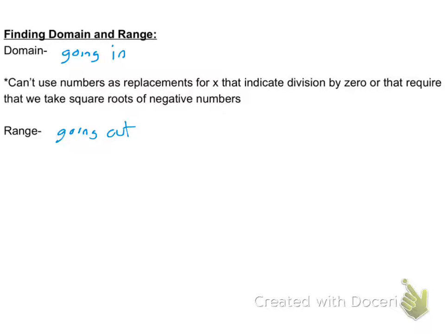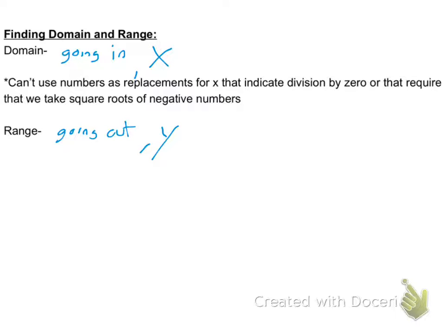Yes? Now, there's something that we have to realize when finding the domain and range. You can't use certain numbers for x. Usually x is our domain, so if you want, put x there.